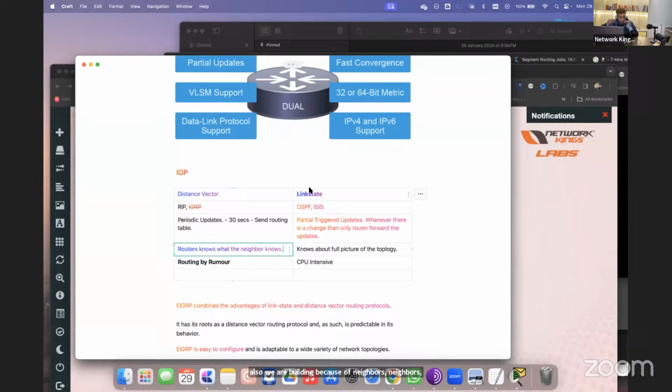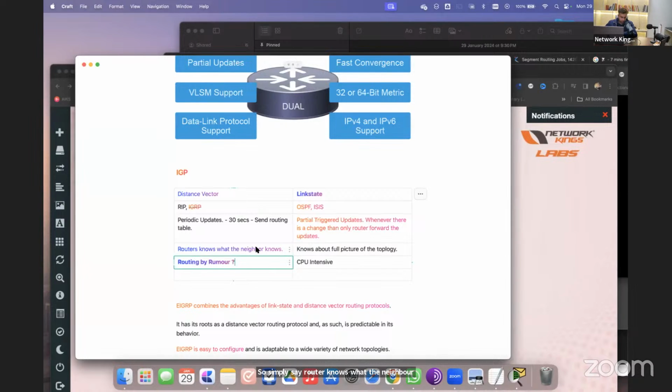Neighbors are helping me build the topology table, and that topology table will have all the information the neighbors are sharing with me. And this concept is called routing by rumor. Routing by rumor is a concept. Sometimes an interviewer can ask you, tell me what is the routing by rumor concept. So simply say: a router knows what the neighbor knows, and that is called routing by rumor.